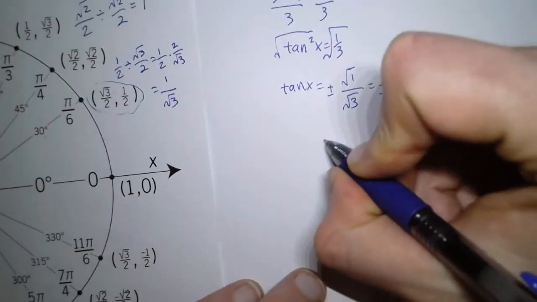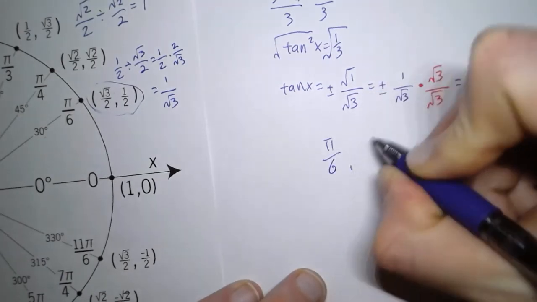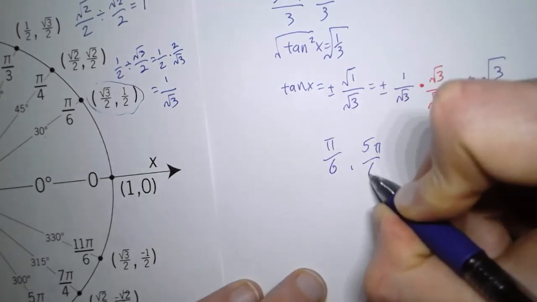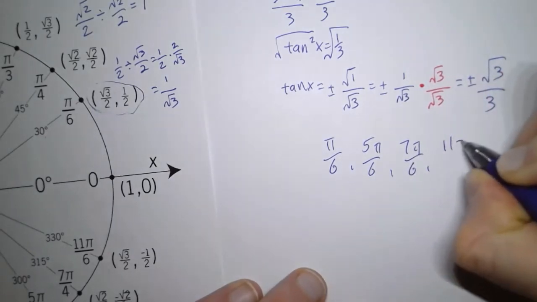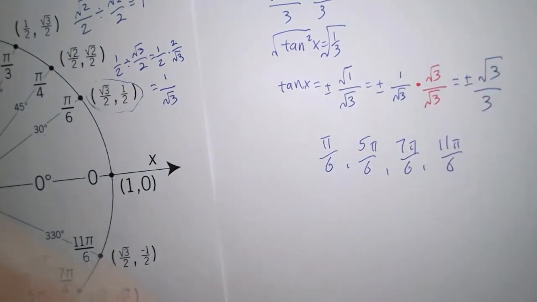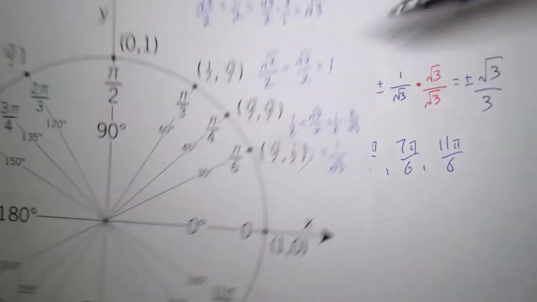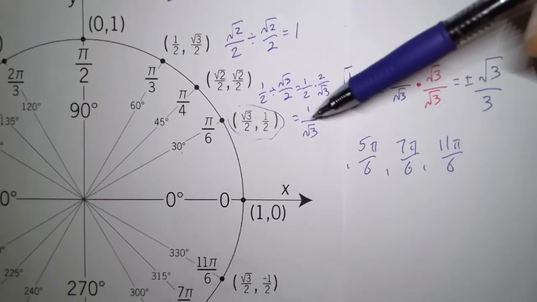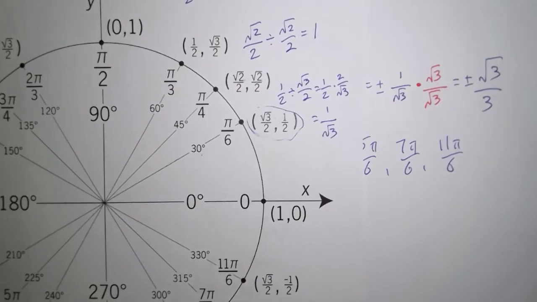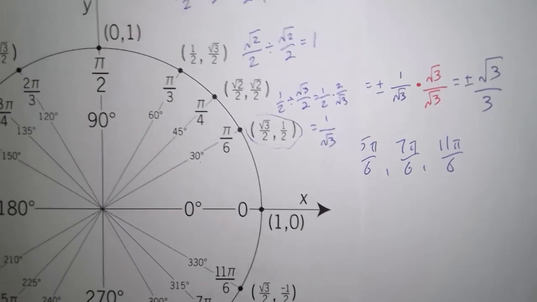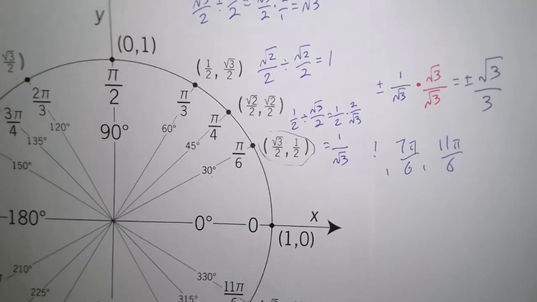So our answer is going to be the 4 angles pi over 6, comma, 5 pi over 6, comma, 7 pi over 6, comma, 11 pi over 6. It's going to be these 4 angles that produce a tangent ratio of 1 over radical 3, or if your teacher wants it rationalized, square root of 3 over 3. But numerically, they're the same thing.